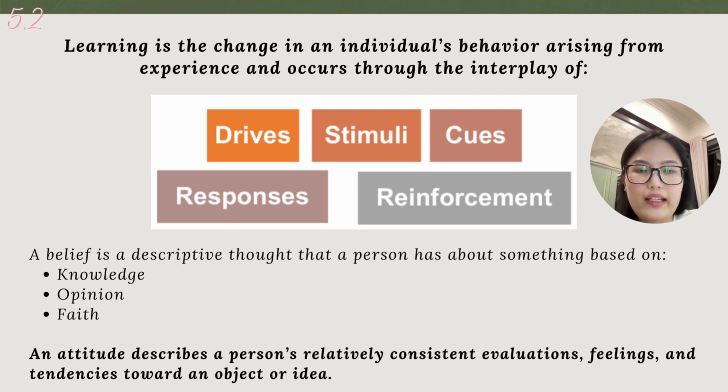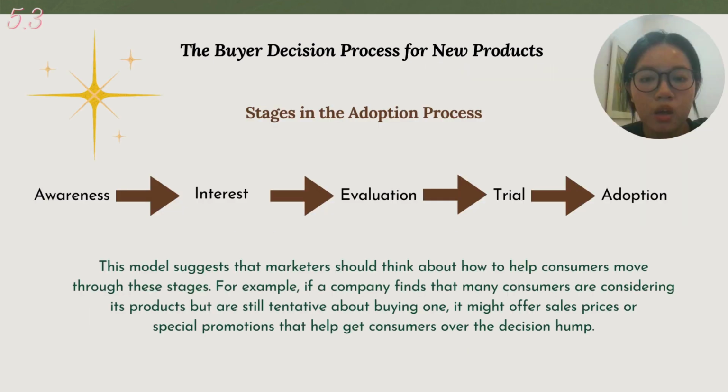There are five main active things that support learning. A belief is a descriptive thought that a person has about something, based on knowledge, opinion, and faith. An attitude describes a person's relatively consistent evaluations, feelings, and tendencies.